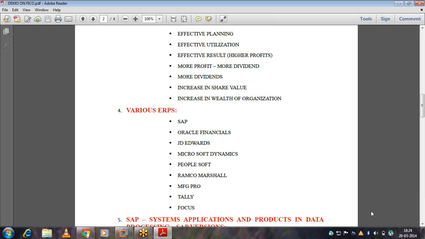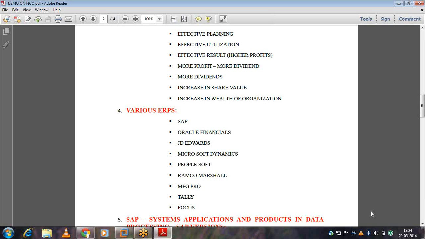It can integrate with other third-party tools. That means it can send data to those tools and also receive data from them. Whereas this facility is not available with other ERPs existing in the market. That is the reason why SAP has taken the number one position.